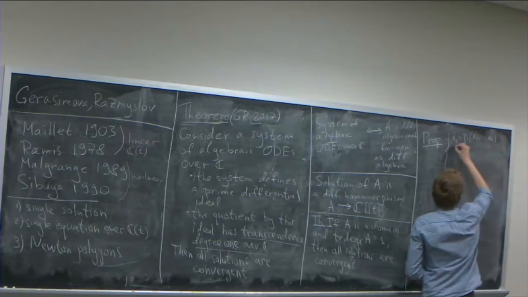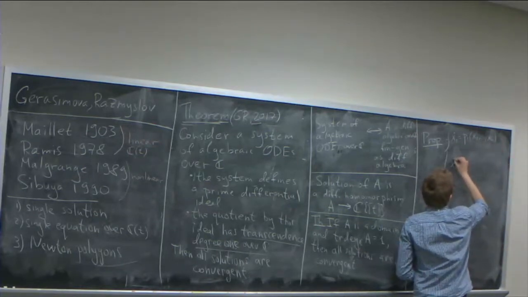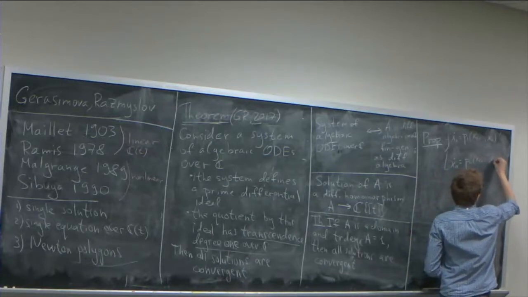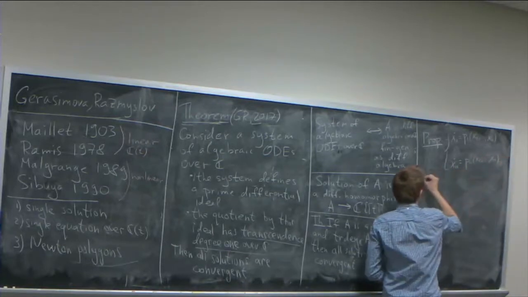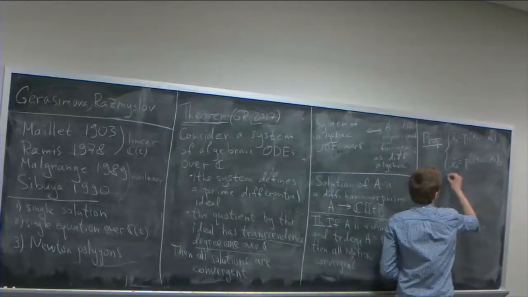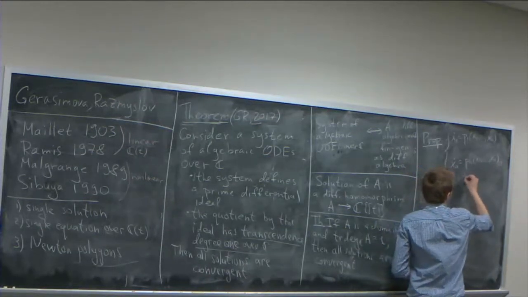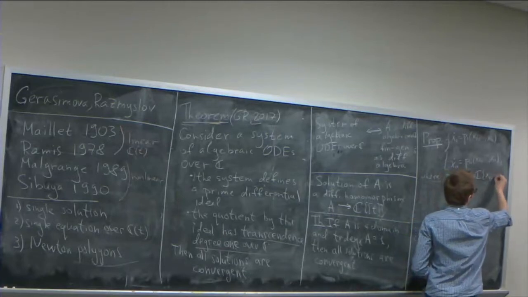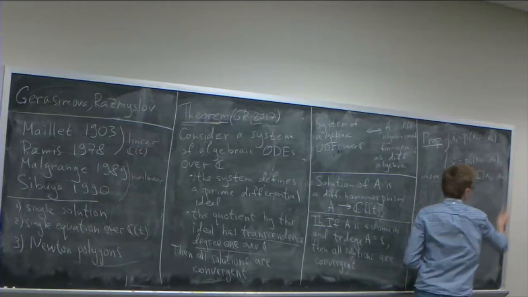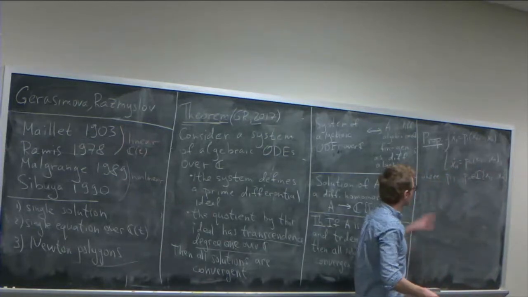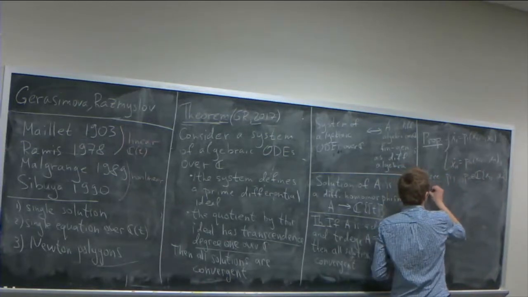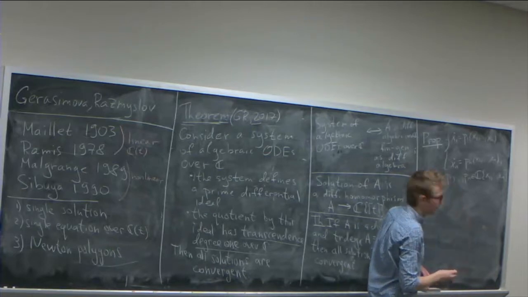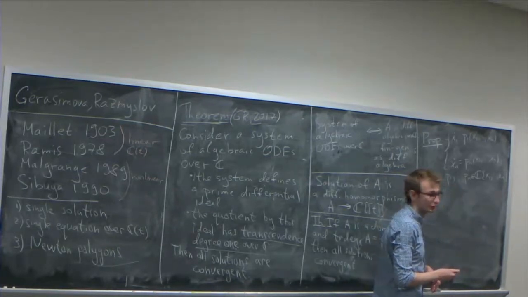So consider the following system of ODEs, where p_1 through p_n are just polynomials, and the number of equations is the same n.